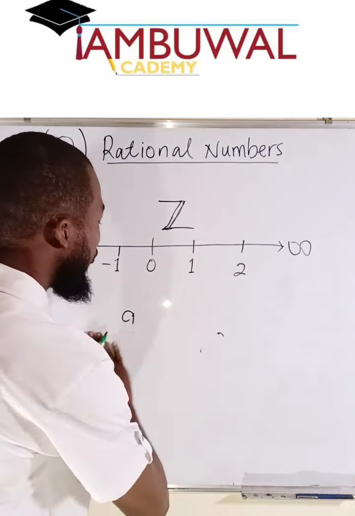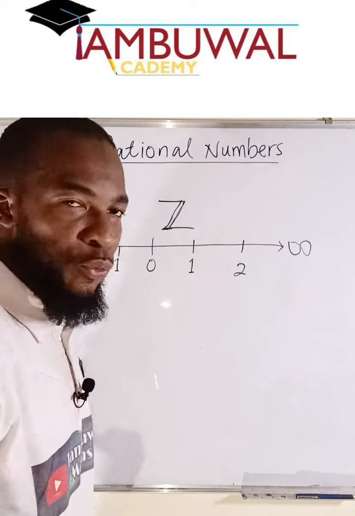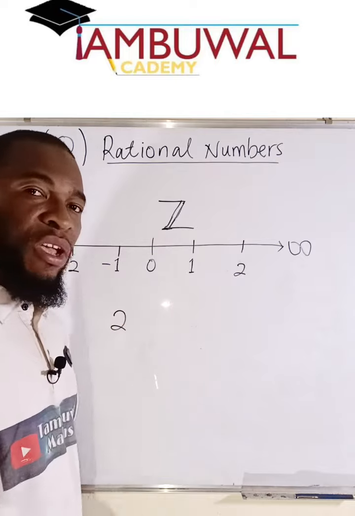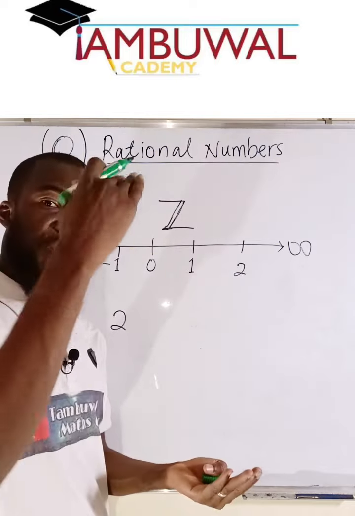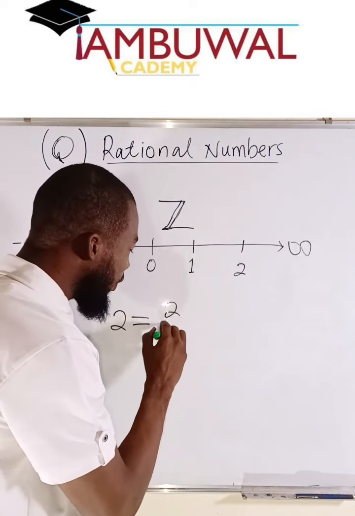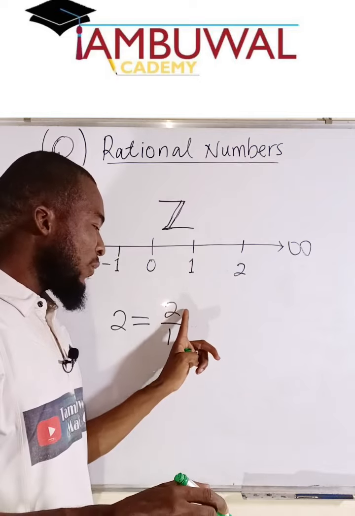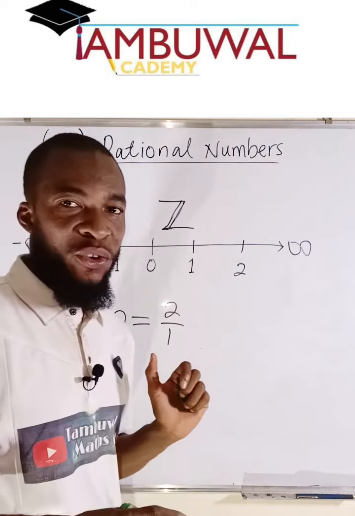Take any number at random here. Let's take 2. We say that 2 is a rational number because you can express 2 as what? Numerator over the denominator. 2 is always equal to 2 divided by 1. Both 2 and 1 are integers. Therefore, 2 is a rational number.